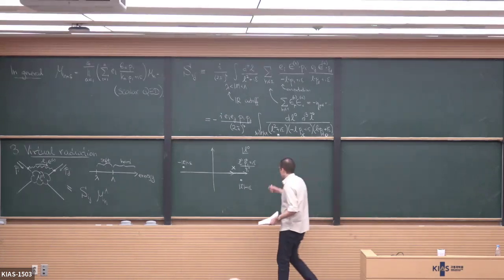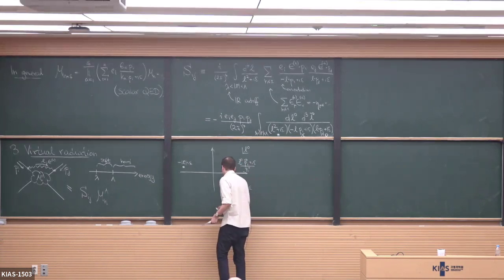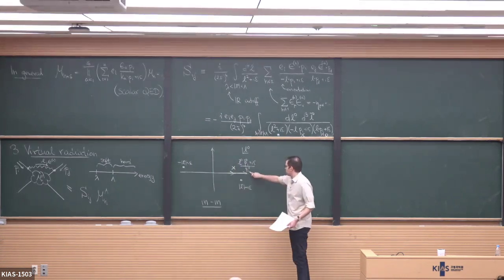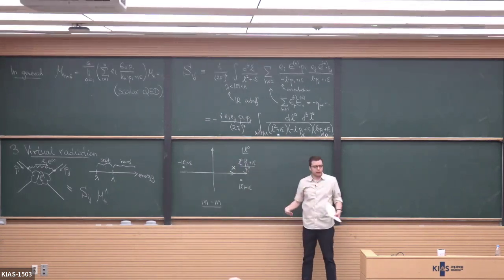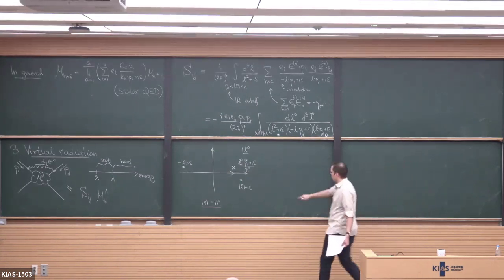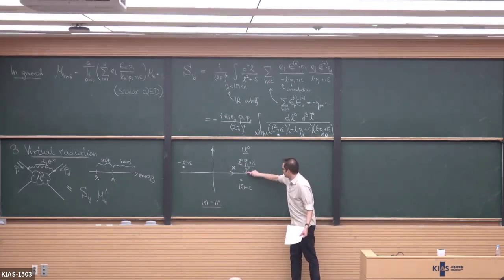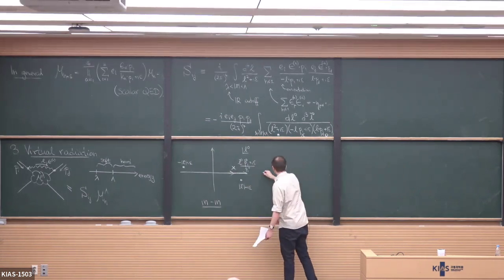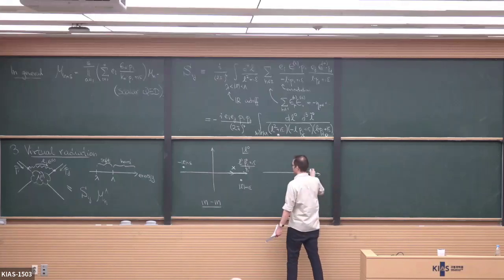So I actually have to distinguish between different cases. This case is going to be the in-in case, in which both Pi and Pj are incoming. Then this is positive, so we have it in the upper plane. There's going to be a very similar picture for the other case.